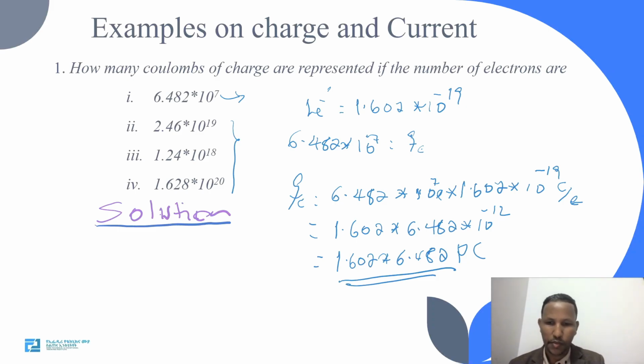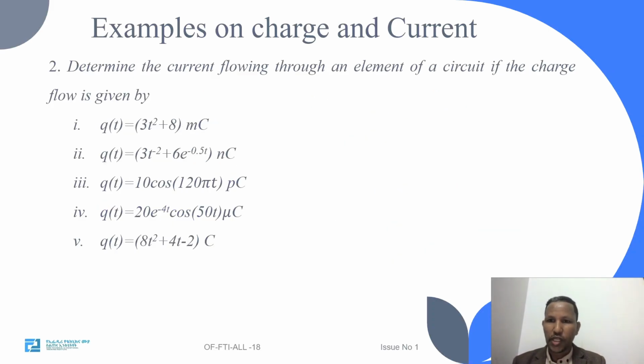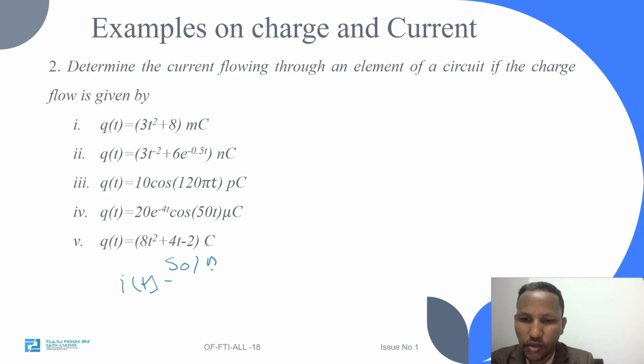So you can take the product. When you come to the value of charge which is flowing through the circuit or elements of the circuit, it is given by such an expression. So you are asked to determine the current flow through an element if the charge flow is given by this amount. So for the first one, we have given i of t, which is equal to the derivative of q of t.